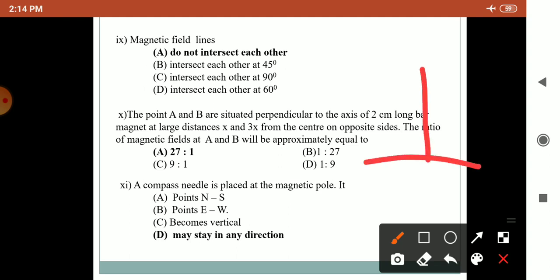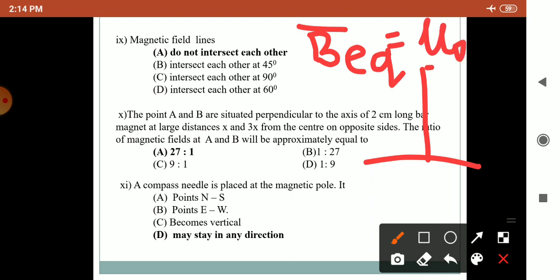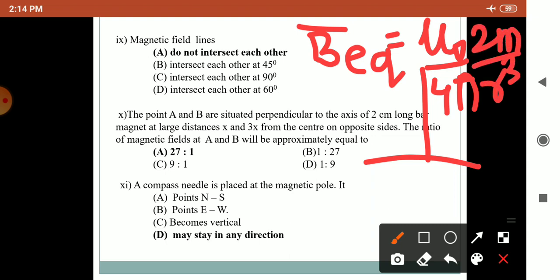So for the magnetic field along the equator, the formula is mu 0 upon 4 pi, then twice m upon r cube, right? So this is the formula that we have to put here. Here it has a negative sign.